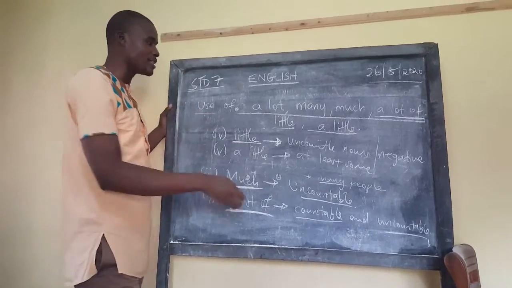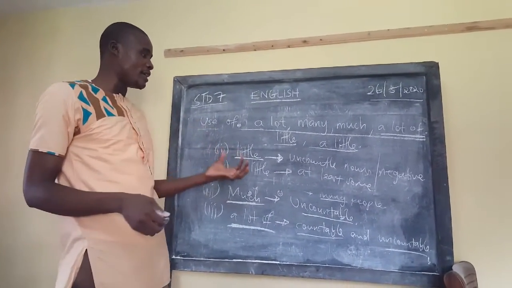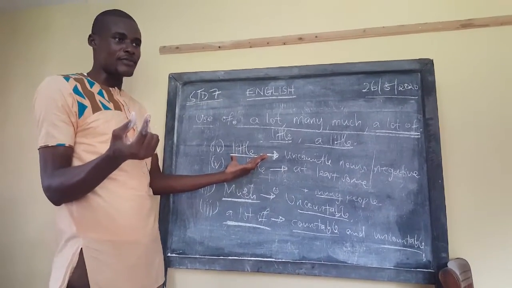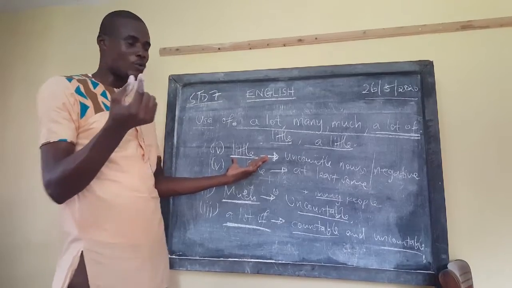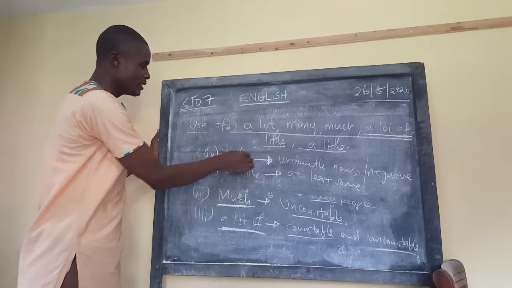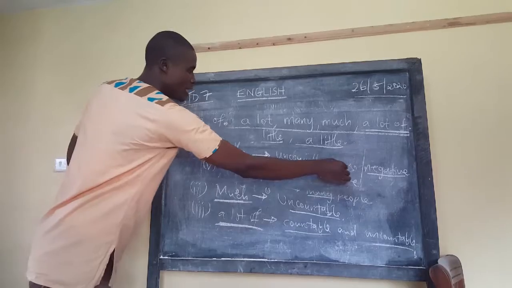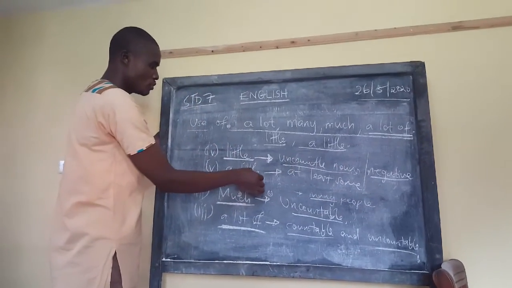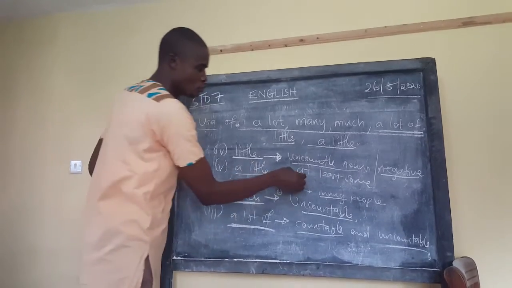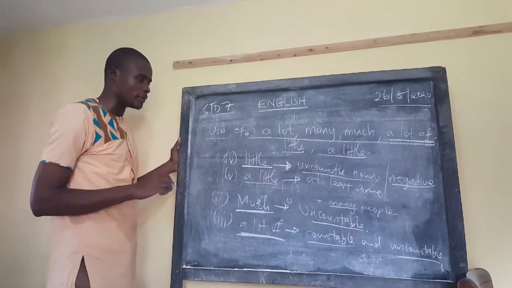In that case, somebody will know that what is remaining is not even enough to cook a single meal. So I want to recognize here that little is a negative word and is used with only uncountable nouns. The same goes for a little: it is used to mean at least some is remaining, and also used with uncountable nouns only.